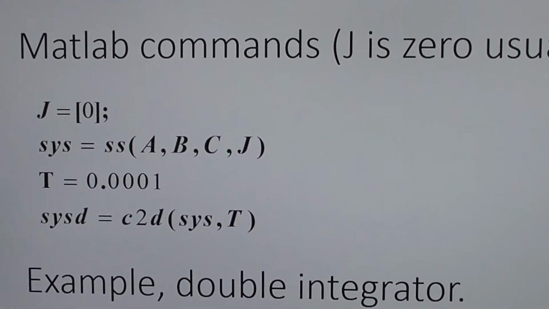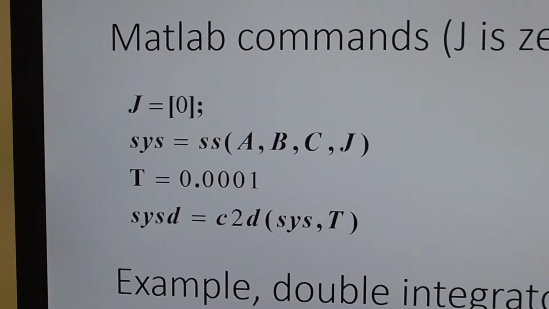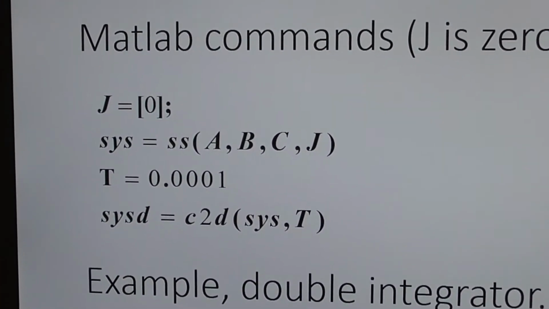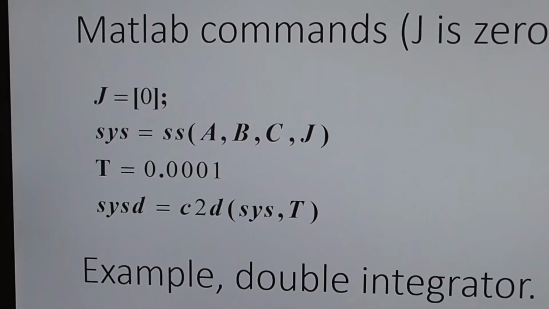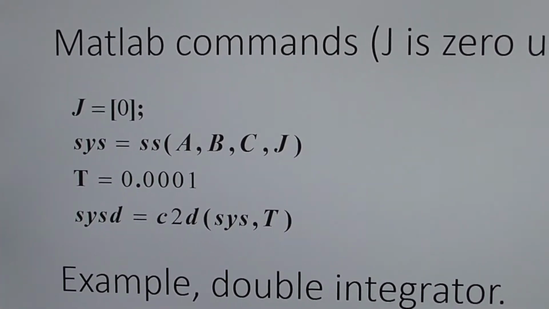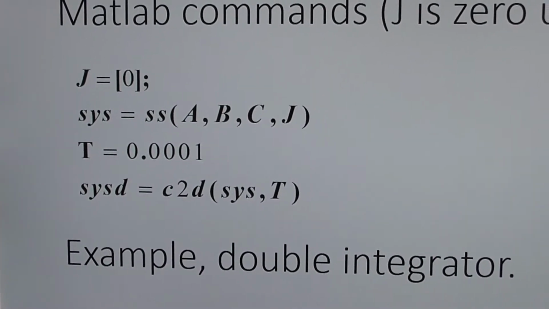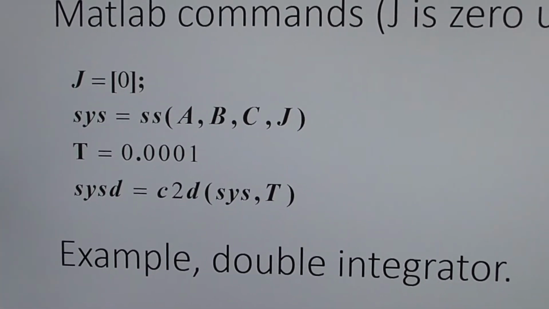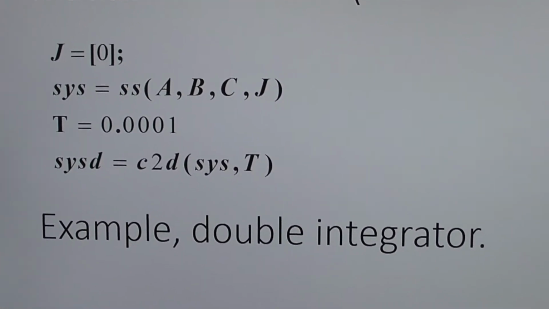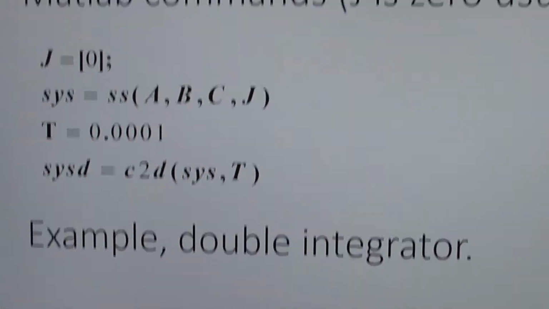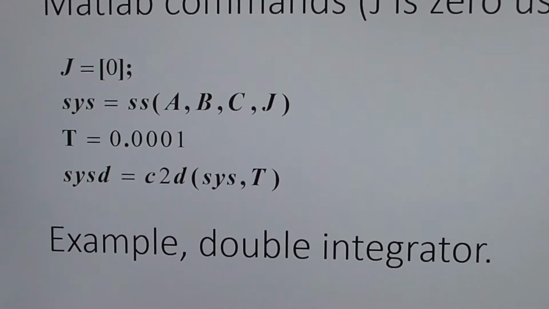That's the only reason. So we can, using the ordinary commands, define a system SYS. If we type in A, B, C and D, find a sampling interval, and then find the discrete system here, c2d is called with SYS and T. And you can look this up under MATLAB.